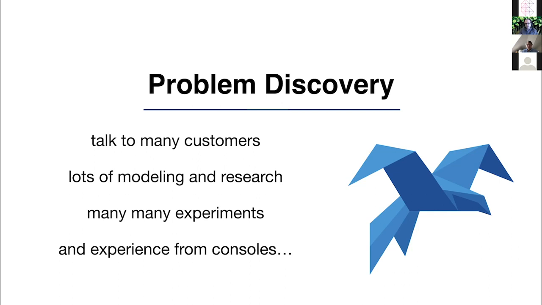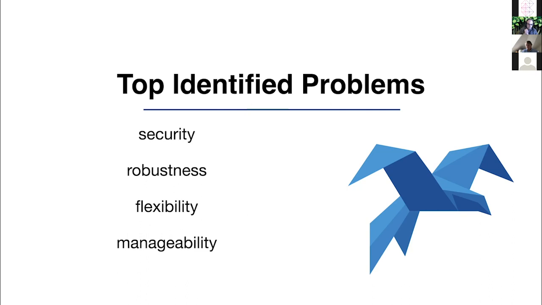And in the space of connected devices, the set of problems that I identified were these four. There's actually more than the four, but these were the top ones on my list. Number one, what I heard from these people was they were worried about security. This was right after the NHS had gotten bricked by ransomware.